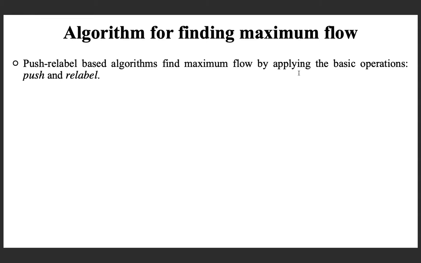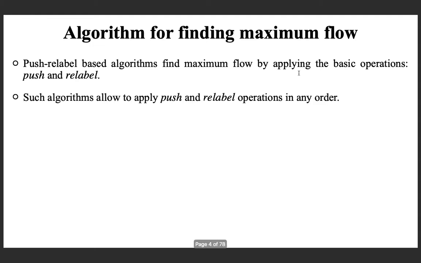We know that the generic algorithm keeps on applying one of these operations until none of them are enabled in the residual network. Such algorithms allow us to apply push and relabel operations in any order. It does not demand what the next intermediate vertex is at which we need to apply the push or relabel operation.